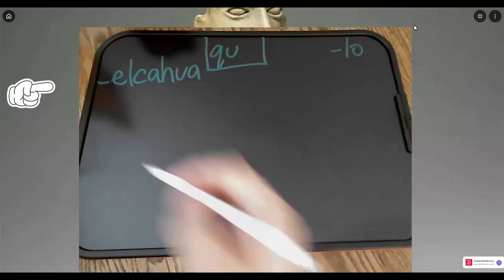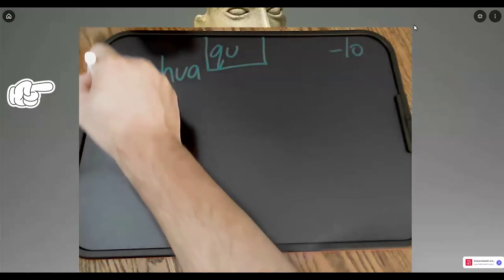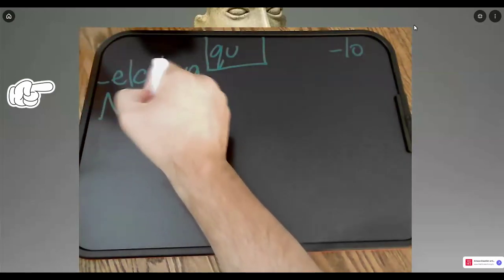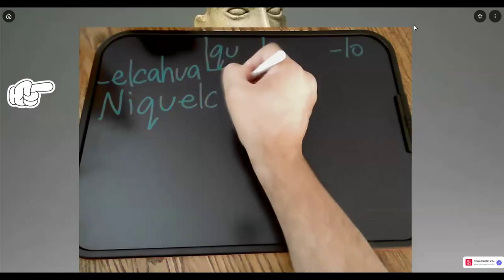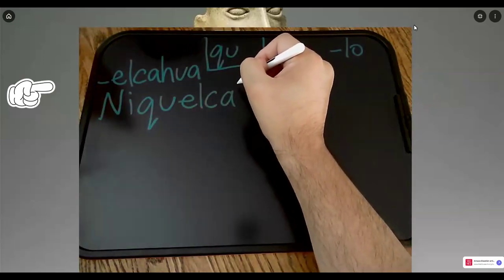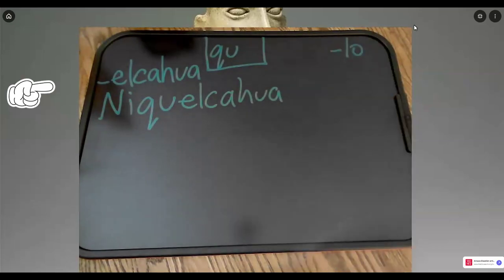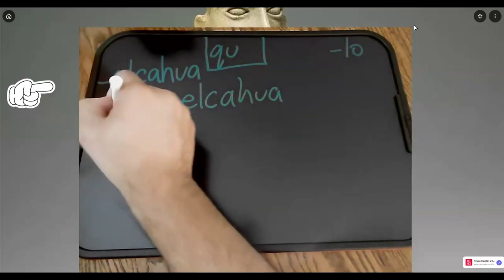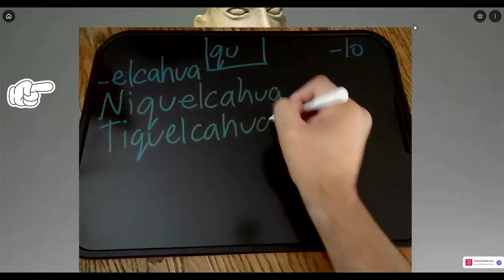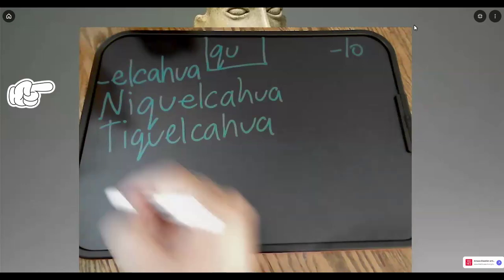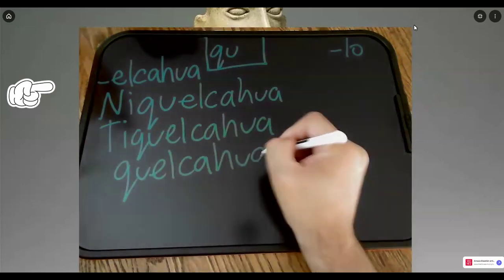Right, so how do you say I forget it? Ni, followed by the QU, and then the verb, elkawa. I forget it. You forget it. Tikelkawa. She forgets it. Kelkawa.